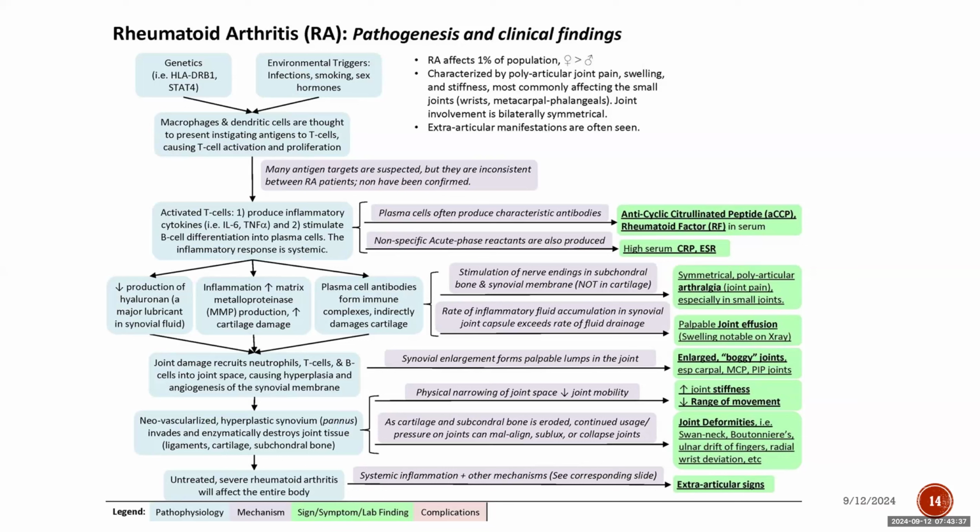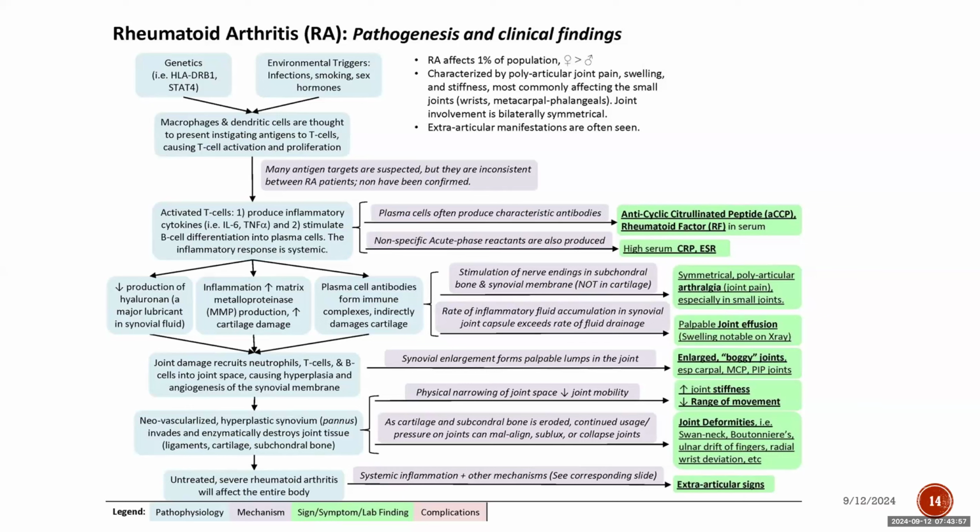Of note is that as against osteoarthritis, this rheumatoid arthritis still has some of the subchondral sclerosis, but erosion is very common here, whereas you typically will not see much erosion in osteoarthritis.